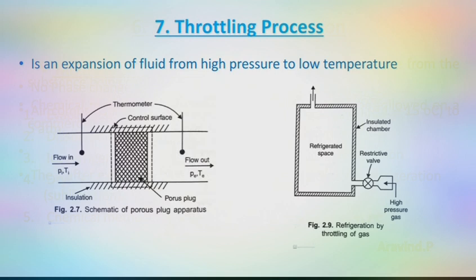The throttling process occurs when the gas is at high pressure with a temperature below its critical temperature and is made to pass through a valve with a restricted opening. Upon throttling, the temperature of the gas reduces and a cooling effect is produced.